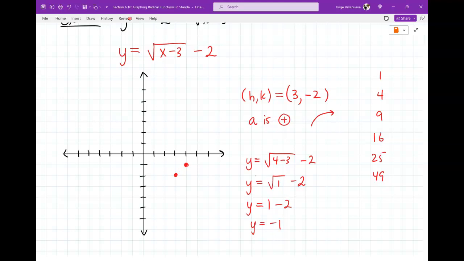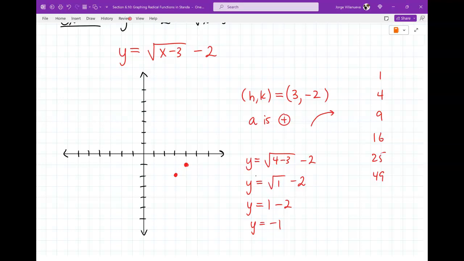So I picked the number 4 when I did this because I knew 4 minus 3 is 1. And 1 has a square root, right? My next square root would be a value of 4, right? So what minus 3 gives me 4? What minus 3 gives me 4? 7. So my next point would be using a 7, right? So I know I have 3, 4, 5, 6.